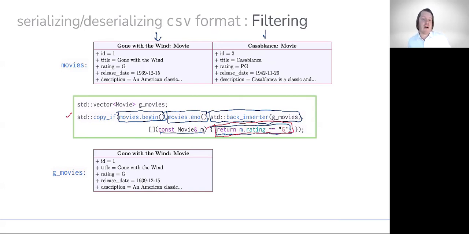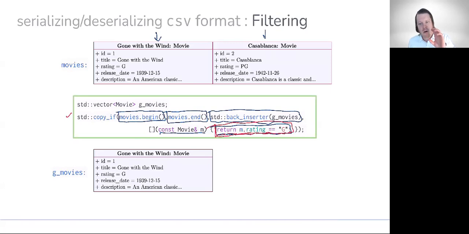I could do something like if the release date is, and this would take a little bit more because it's a string comparison here, but you could do something like filtering for all movies with a release date less than something specified. You could also take this and say all movies within a particular range. All of this is possible by updating the conditional within this, what's known as a lambda function.